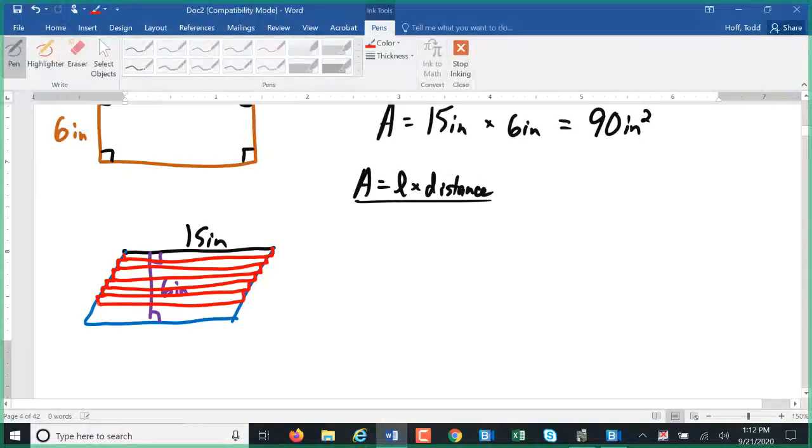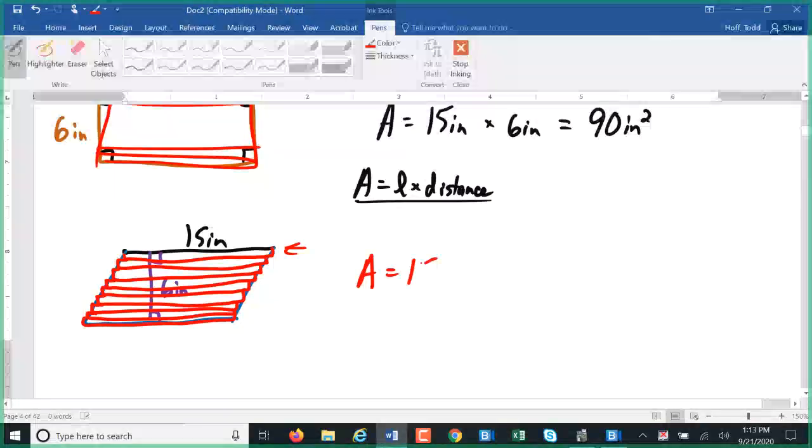This shape's called a parallelogram, by the way. Well, if I push on this to straighten them up, all I'm going to get is this rectangle up here that is 15 inches long and 6 inches high. I've just taken all those little rectangles and slid them off to the side a little bit. So that area is still 15 inches by 6 inches, or 90 square inches.